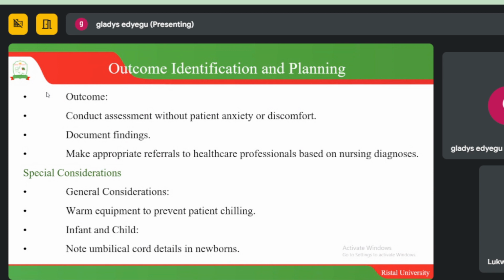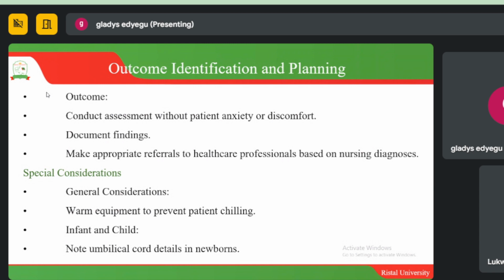So when you assess this patient and you're not able to help this patient, then do the referral. Help this patient to go to the facility or to get a professional who is able to handle his condition. Don't stay with this patient, because you're going to predispose him to complications and even mortalities. So let's always make appropriate referrals early in time, so that these patients can reach the health facilities, the various professionals who are able to offer them the services.